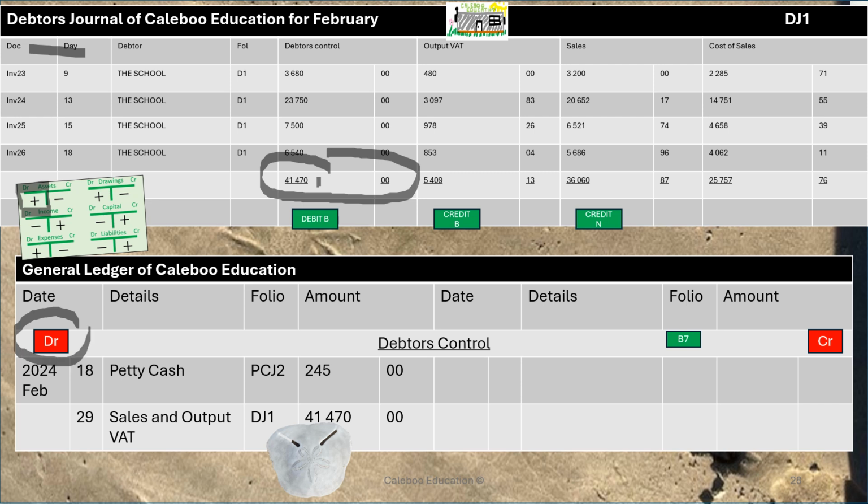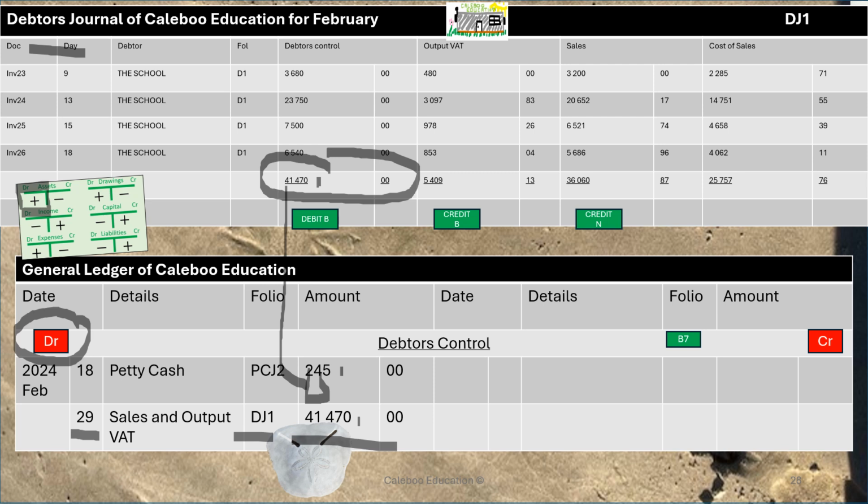An increase in assets gets debited, and the total of the control column at the end of the month, the 29th of February 2024, the information was taken from the debtors journal, and the amount is 41,470. So at the moment, debtors owe us 245 plus 41,470.